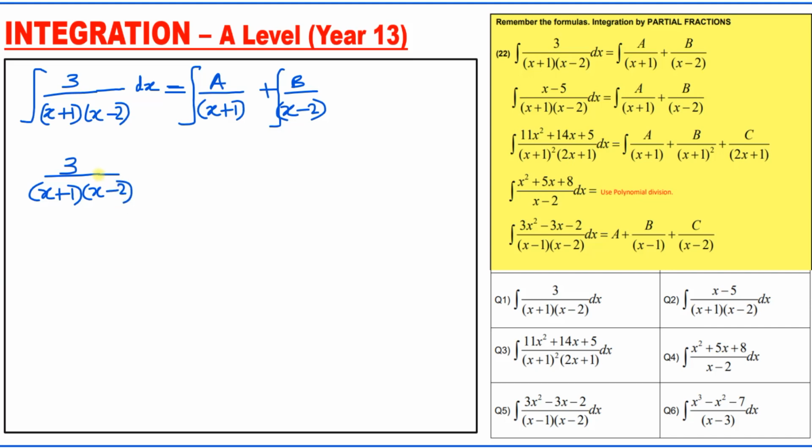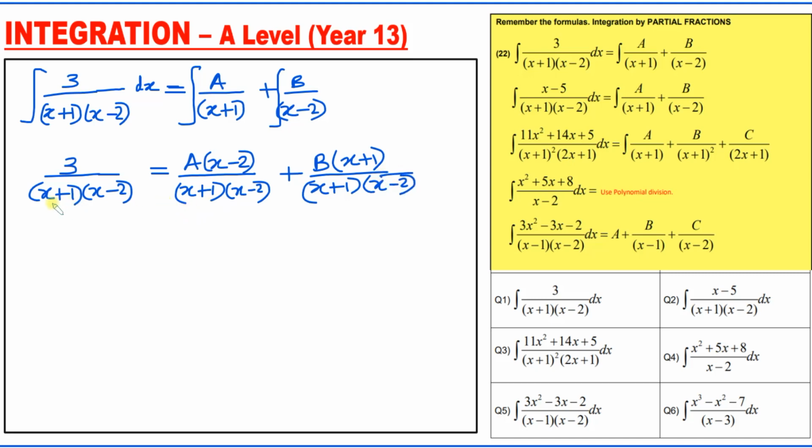Now we are going to write that A is multiplied by x minus 2 over (x plus 1)(x minus 2), plus B times x plus 1 over (x plus 1)(x minus 2).